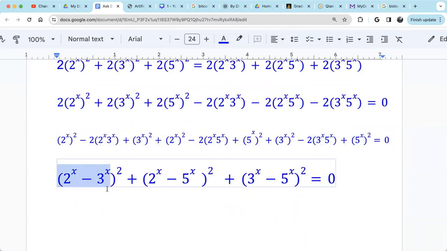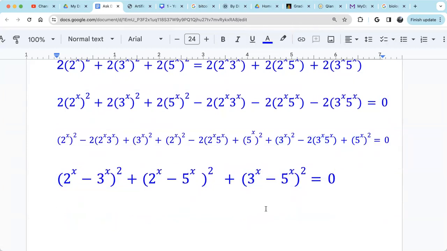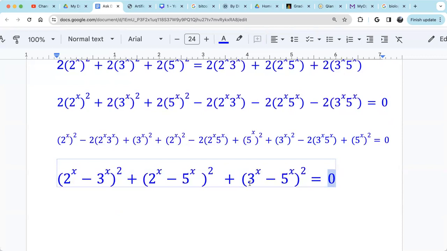2 raised to x minus 3 raised to x, squared. 2 raised to x minus 5 raised to x, squared. 3 raised to x minus 5 raised to x, squared. Now observe this. The right-hand side is 0, but the left-hand side we have squares. And we are in the real number system, not talking about complex numbers here.